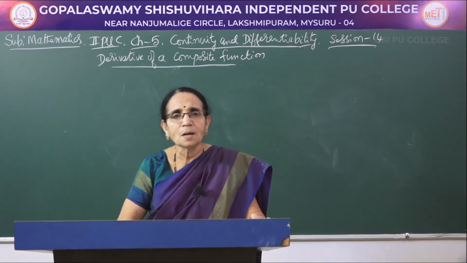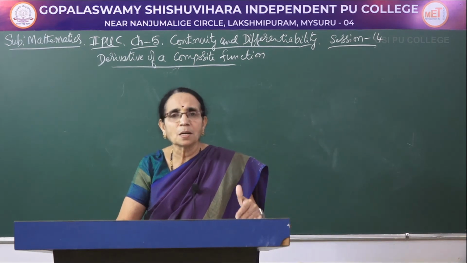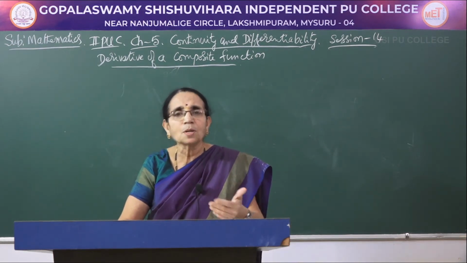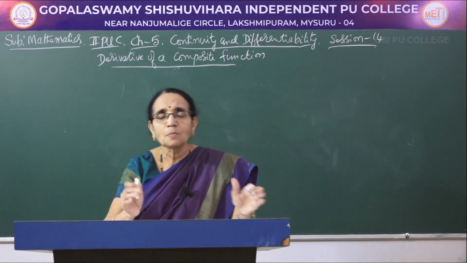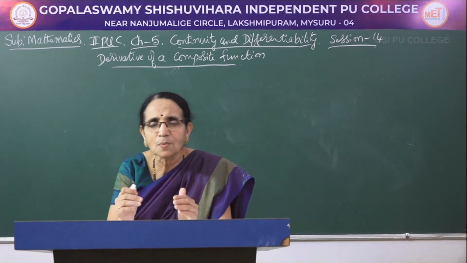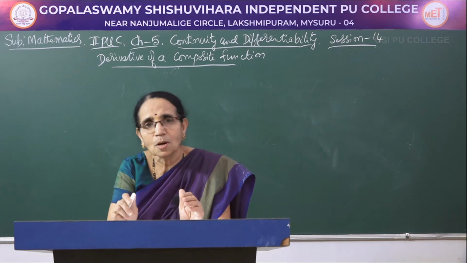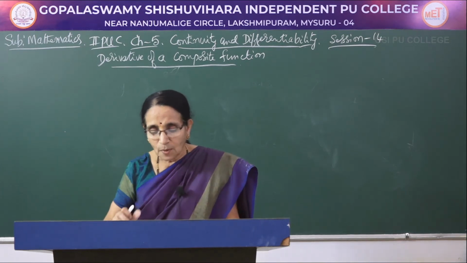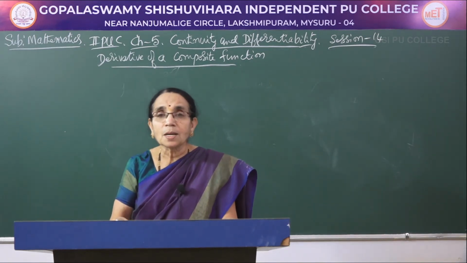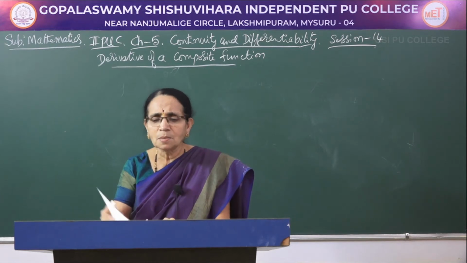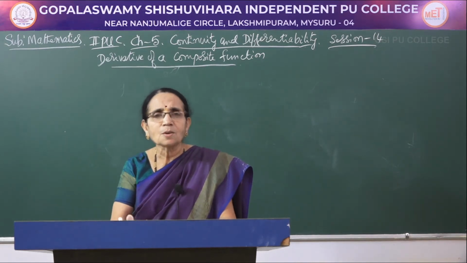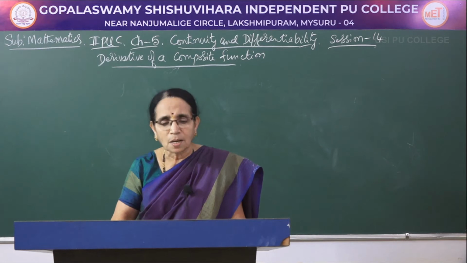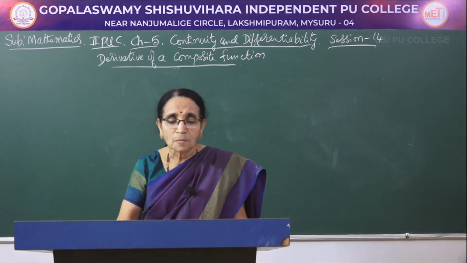If more variables are there, dy by du into du by dw into dw by dv into dv by dx, like that. Because the derivatives are connected with one another like a chain, we call it the chain rule. So, while working out the problems now, you need not show the substitution, and it is not expected also, directly you can write the answer. Okay.